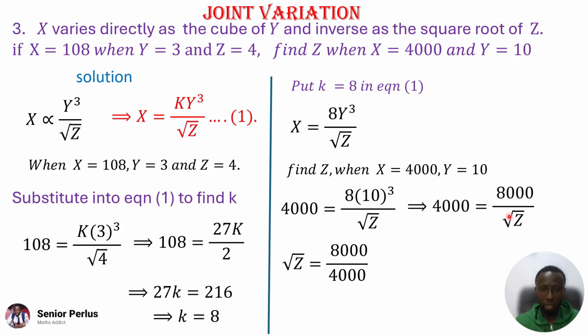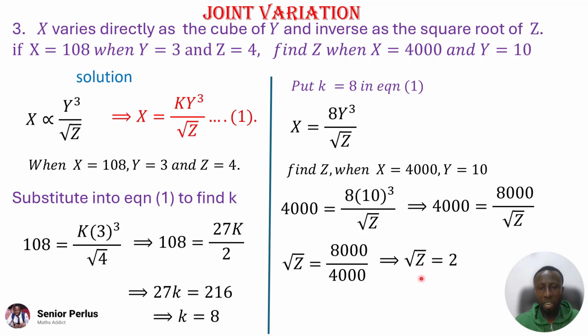You get what? 80,000. Then make this the subject. So you get the square root of z out of this. You want to make z the subject. The zeros will cancel. So you get what? 8 over 4 is 2. You get the square root of z equals 2.